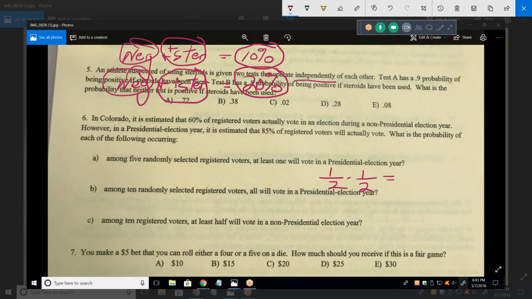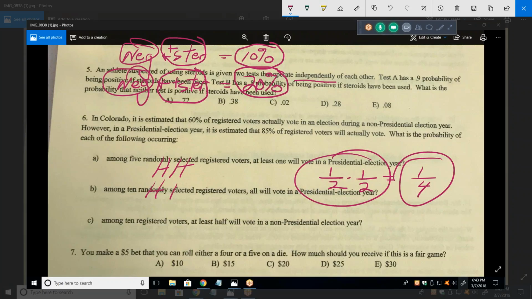So to get both heads, you multiply those two and you get 1/4. And that makes sense. It's not going to happen very often. And in fact, here's the 4 ways you can flip a coin. You can flip head head. You can flip head tail. You can flip tail head. And you can flip tail tail. There's 4 ways. There's only one way out of 4 that it's head head.